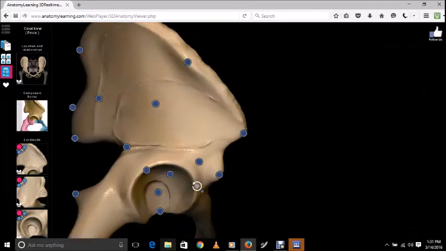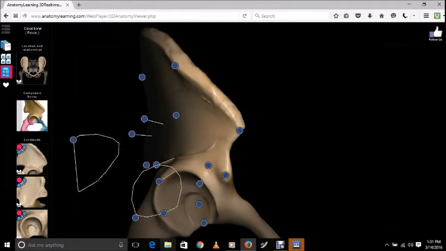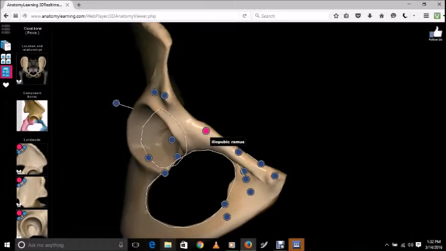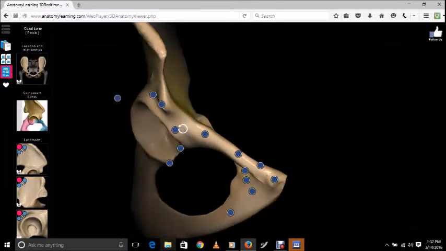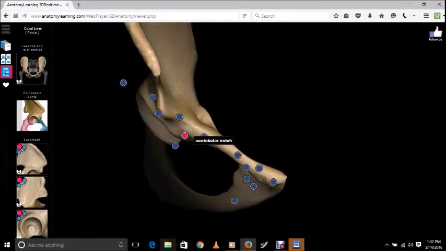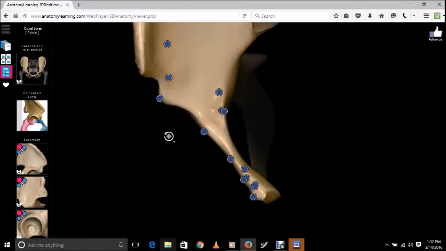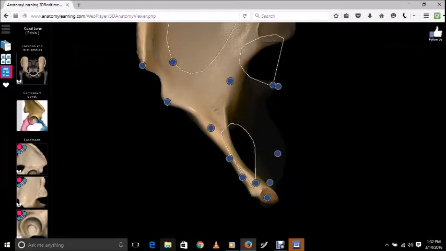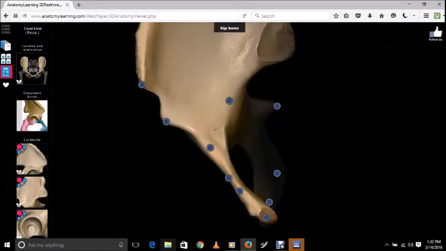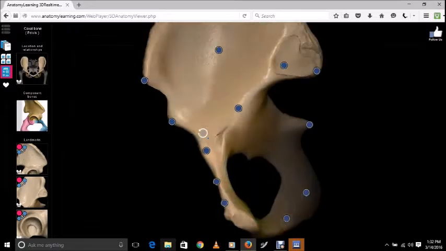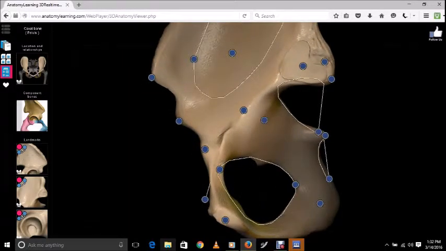Moving on, we are about to cross over. Now, this arm here is now part of the pubis. The sort of marker as to where the ilium and the pubis connect is around here, where you see this marker here, which they don't have a point for.